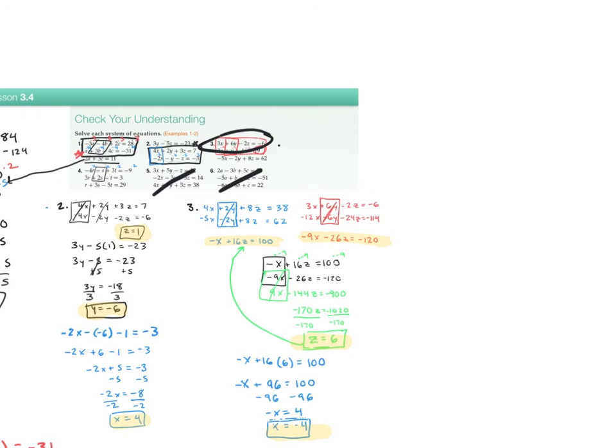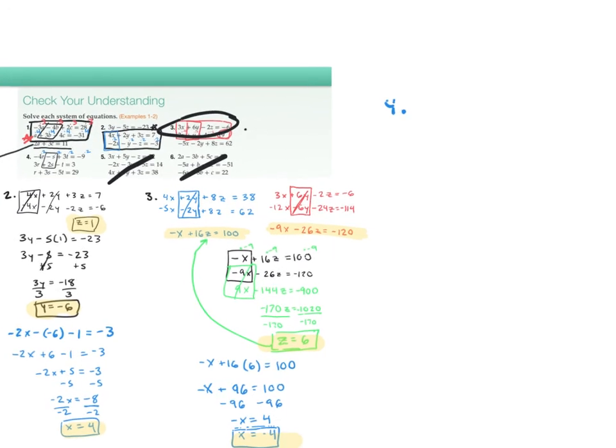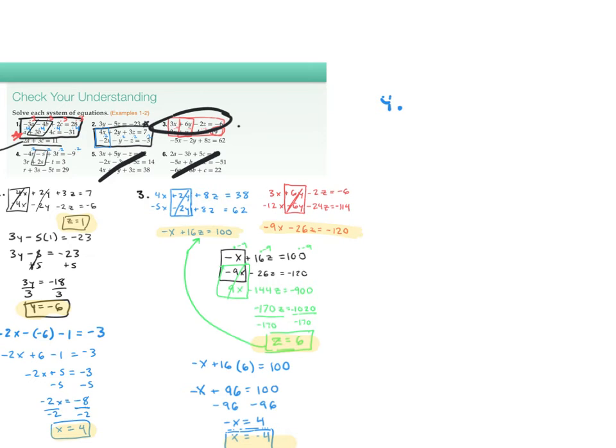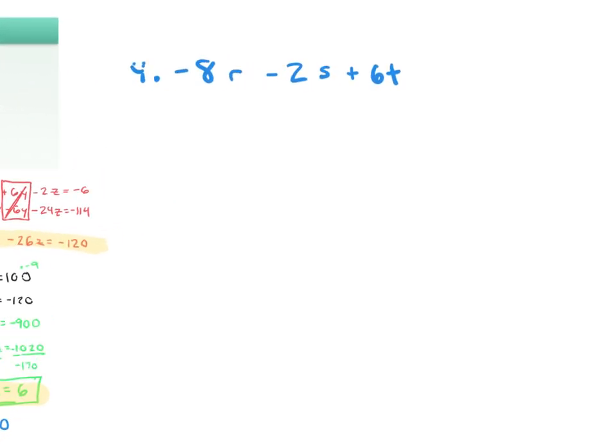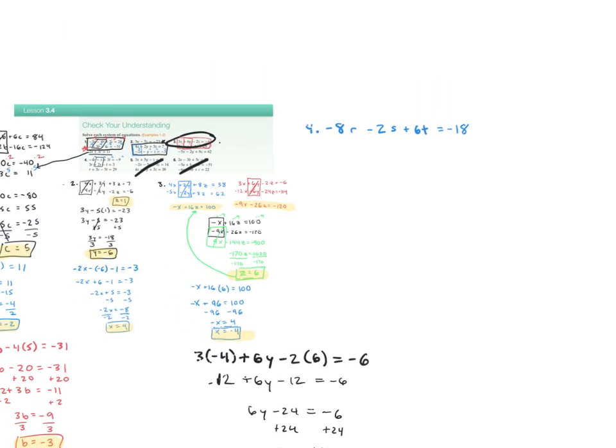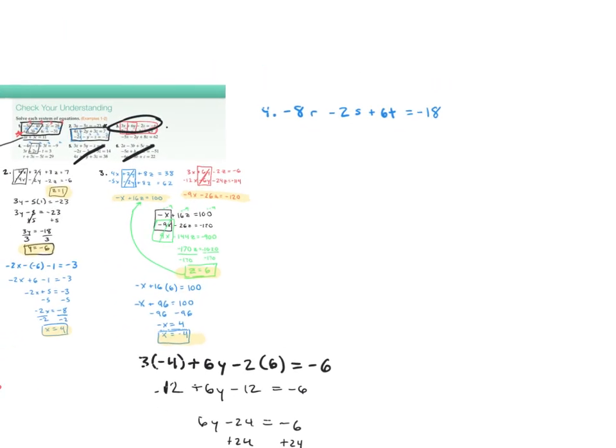So we have, for number 4, our new first equation is negative 8r minus 2s plus 6t is equal to negative 18.